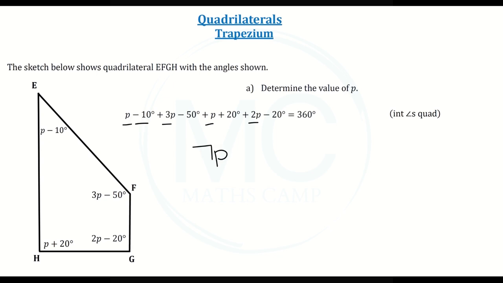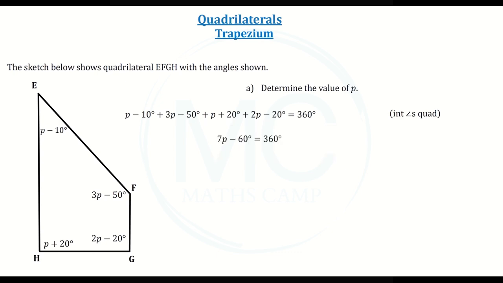Now we have negative 10 minus 50 gives us negative 60, plus 20 gives us negative 40, minus 20 takes us back to negative 60. So we say minus 60 degrees is equal to 360 degrees.